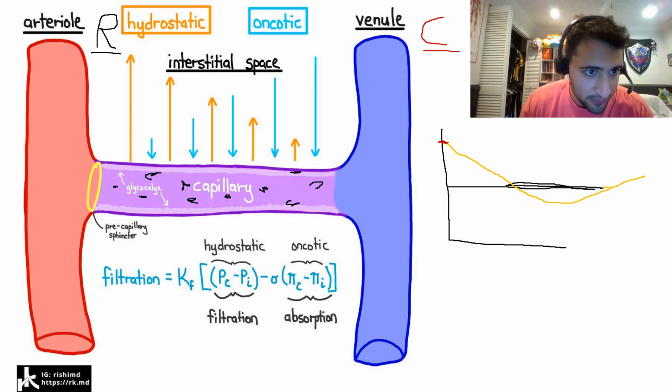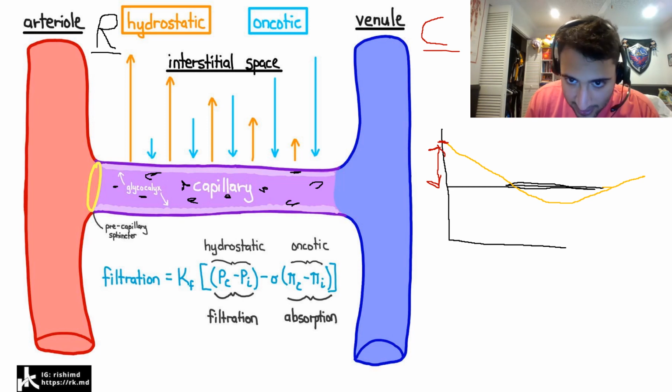So the force of the fluid on the walls of the vessel is stronger than that suction force by these proteins. So these proteins establish like a concentration gradient that wants to bring fluid back inside the vessel. But at the beginning, where we're over here, that force is not going to be stronger than the hydrostatic force. So this is the net difference, and this favors out.